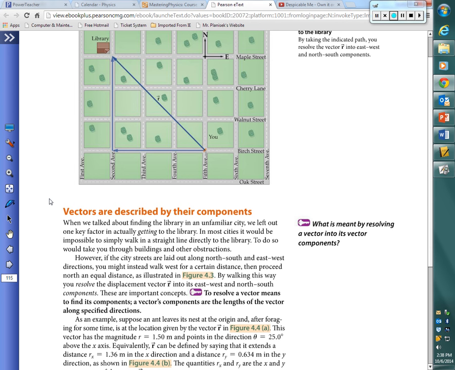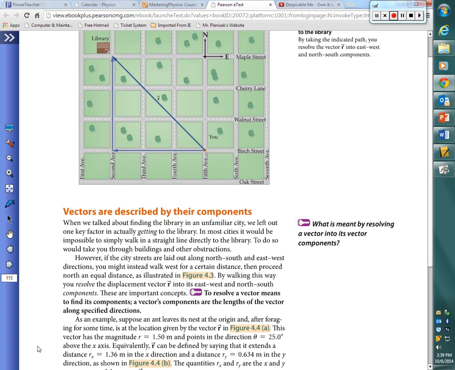Every vector in 2 dimensions is really a combination of 2 smaller vectors that occur in the same direction as the total vector, right? So this trip right here, from where you start to the library in the northwesterly direction, is a west trip and a north trip.